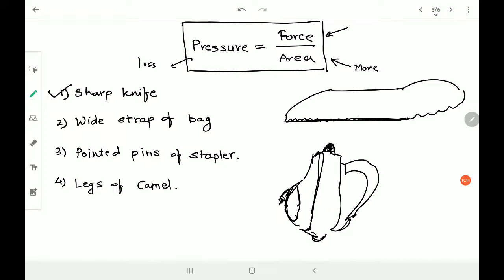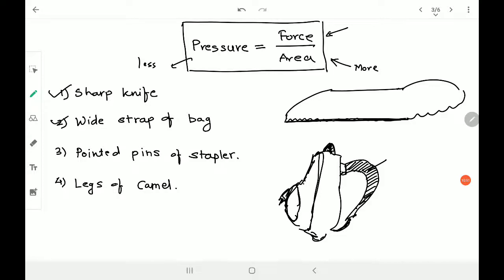Why has it got a wide strap? So that you can easily carry that load. Because the area is more, the force gets divided over the area, and the pressure applied by the school bag will be less, because pressure is inversely proportional to the area.